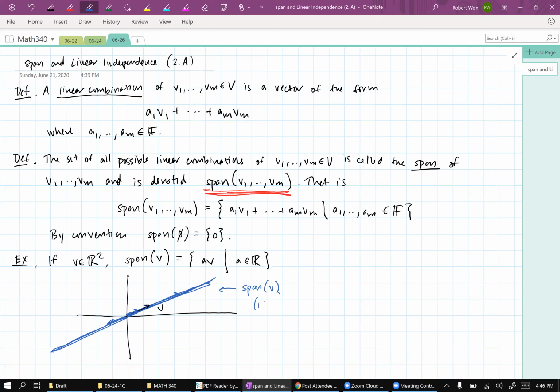This is if v is non-zero. Of course, if v is the zero vector, you can definitely take the span, but then all possible linear combinations is all possible scalar multiples, in which case you just get the zero vector. So this is the span of the zero vector.